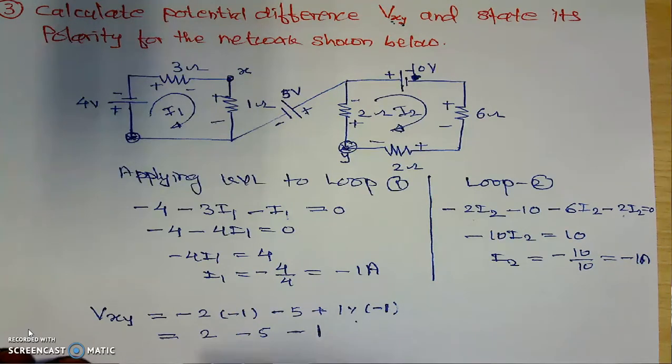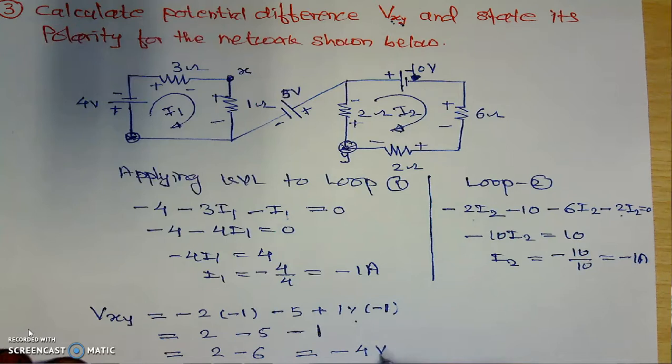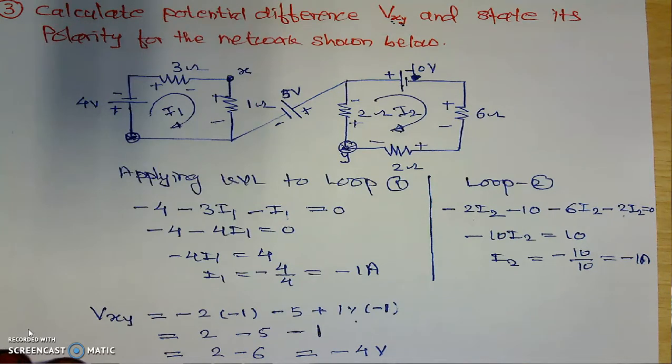So its value is 2 minus 6, which is equal to minus 4 volt.